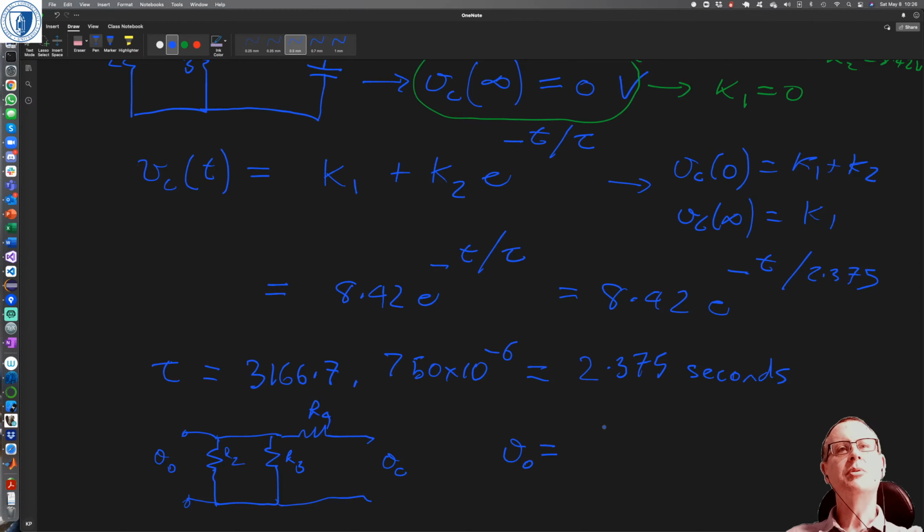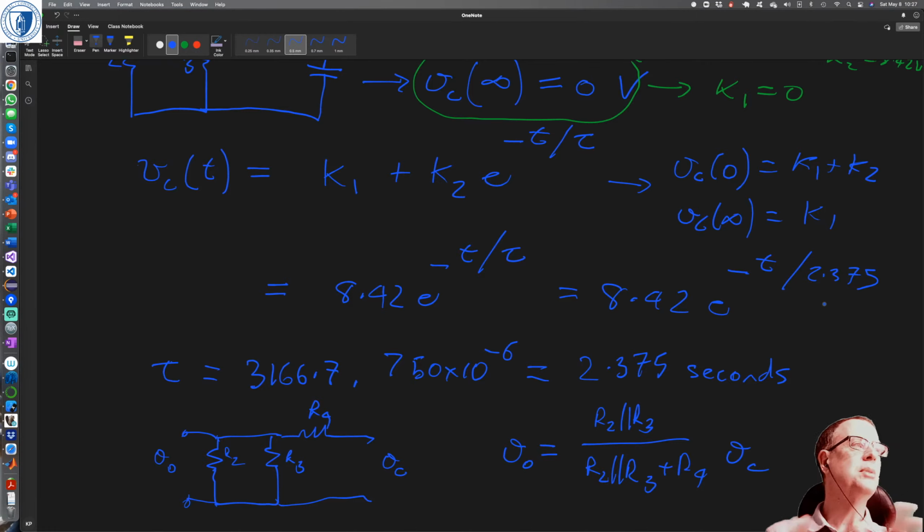So the output voltage is something like that, I believe. The tau is going to be the same, it's just the number at the front that's going to be different.